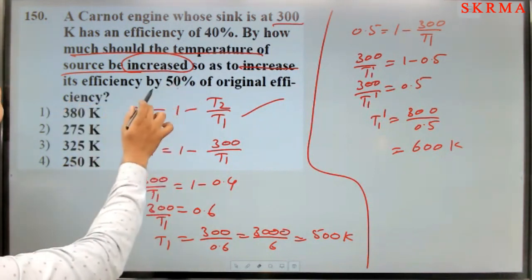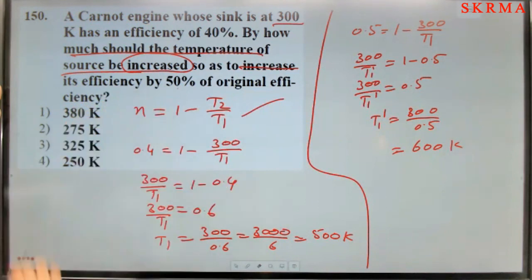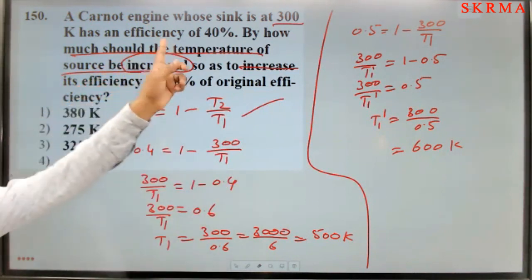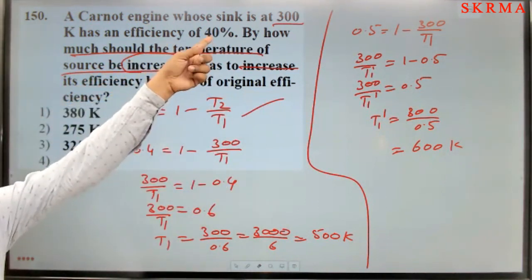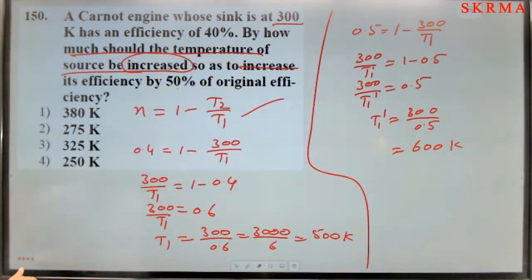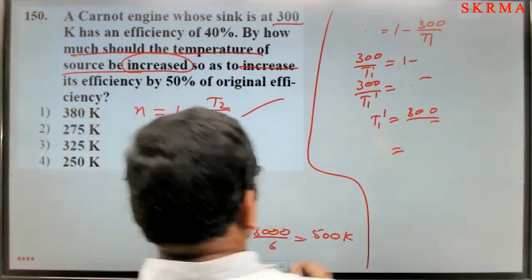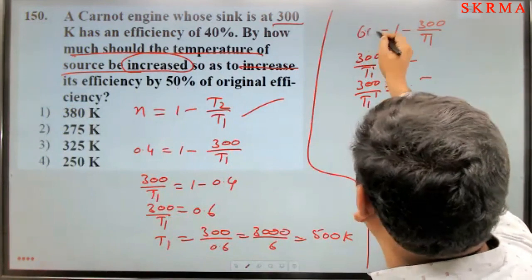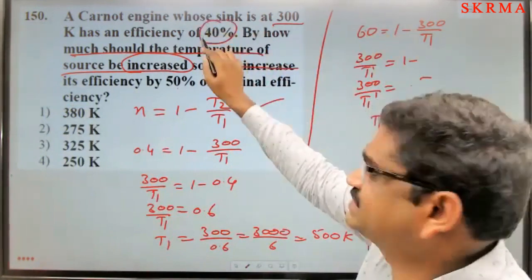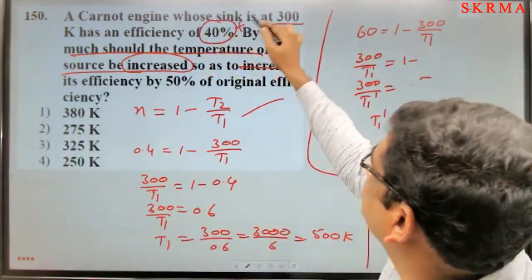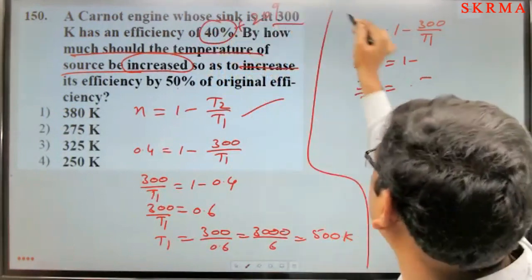Here it is 50% increase of the original efficiency. The original efficiency is 40%, and 50% of this is 20%. So 40 plus 20%, total 60%.